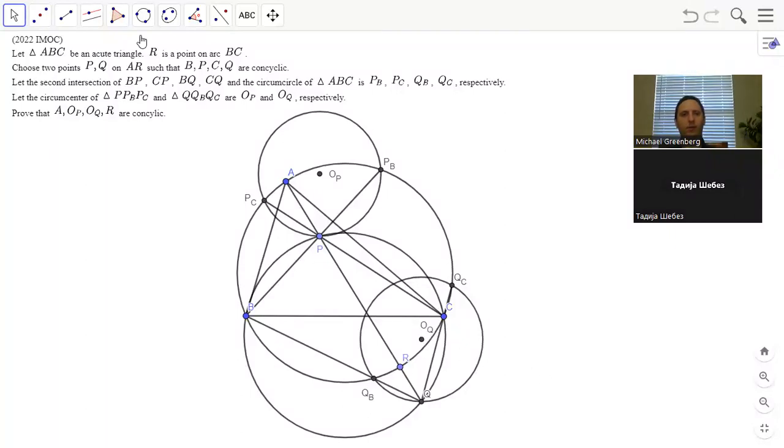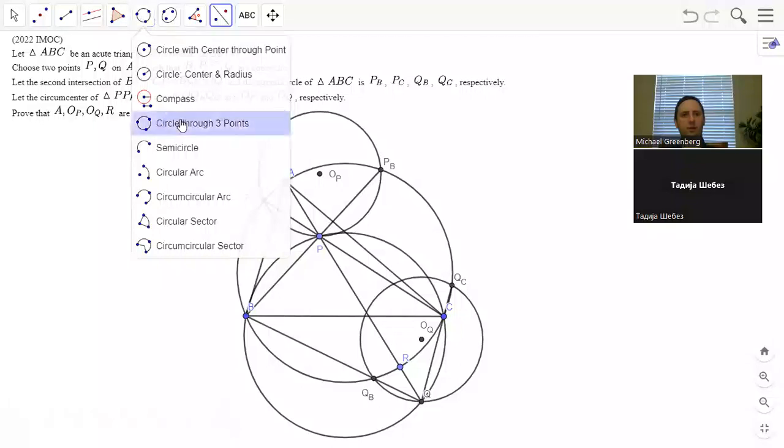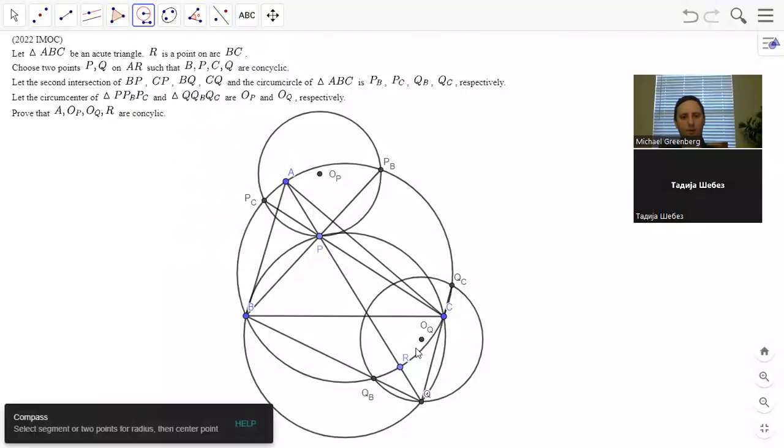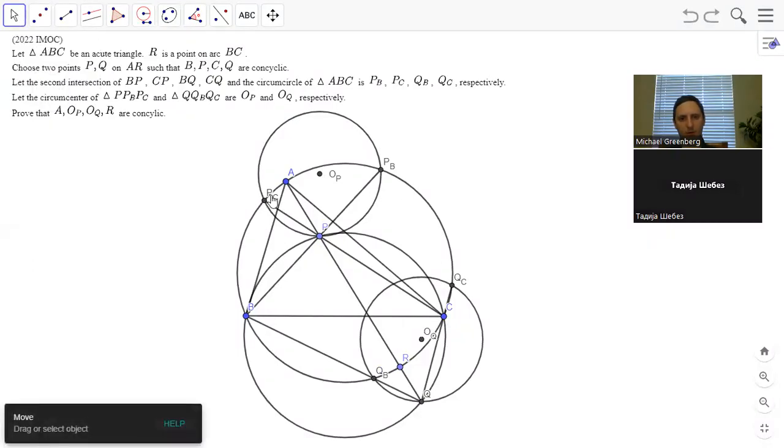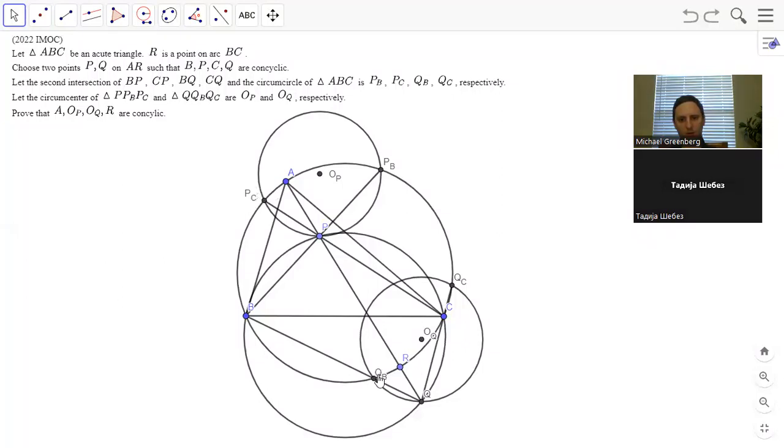And it looks like these circles are the same size. Let's see. If that were true, then QBQC should be equal to PCPB.